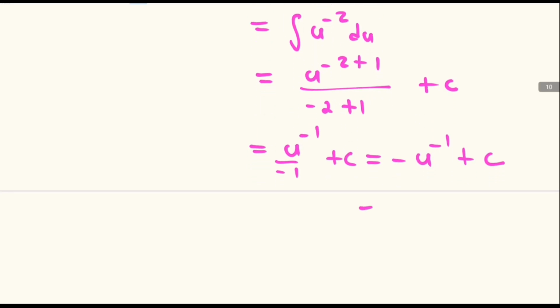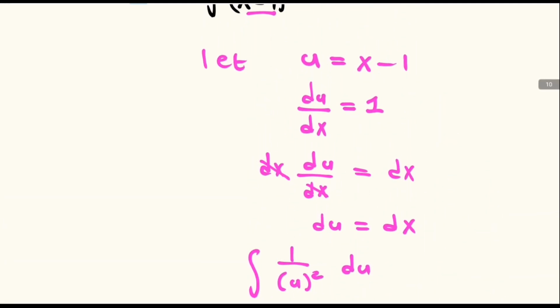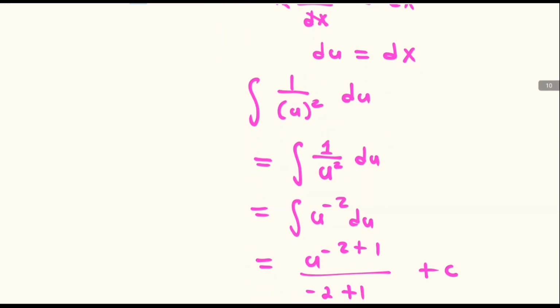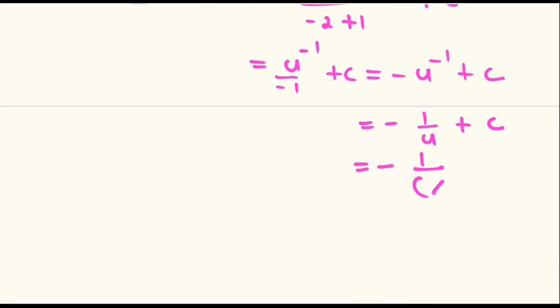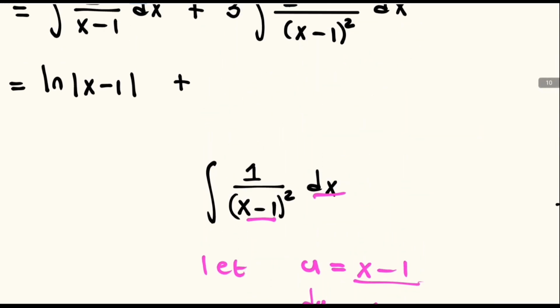We further express u to the power negative 1 as 1 divided by u. And in the place of u, we substitute back x minus 1. So we have our integral as negative 1 divided by (x minus 1) plus c.